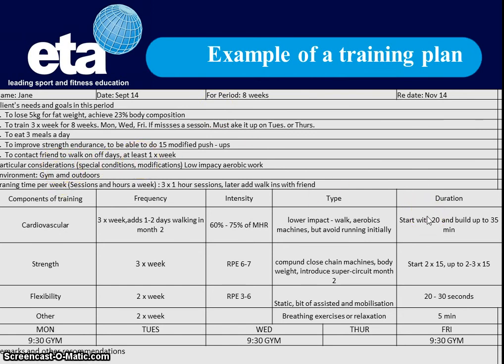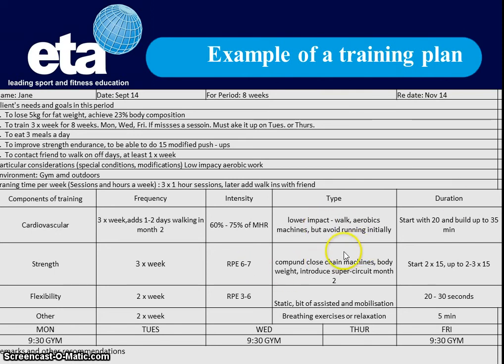Time is self-explanatory. We start with 20 minutes and then build up to 30 and 35 minutes depending on the client's ability and fitness levels. Then looking at strength training, 3 times a week, we measure intensity for strength either in 1RM or RPE. You should know the scales, which we've discussed in training methods. We're looking at the new 10-point scale. Please note, you need to understand what each point means. So 3 is a moderate intensity, 6 and 7 is strong and very strong.